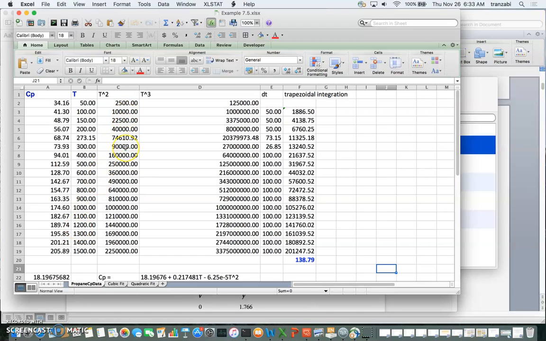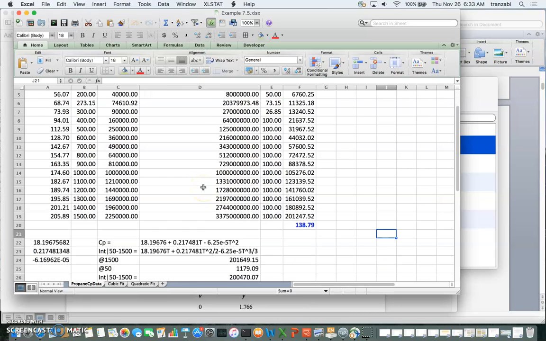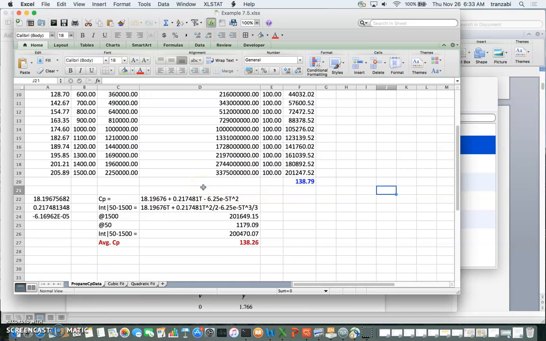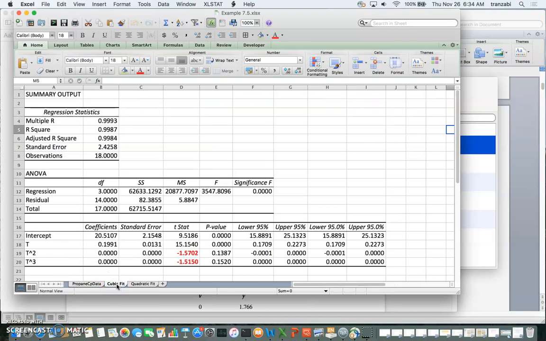To do that, you have to calculate the g's and s sub e and s and all that, and calculate the t ratio. By doing so, we see that some of the coefficients are unnecessary. So let's look at the cubic fit first. Initially we consider the constant, linear term, quadratic term, and cubic term.